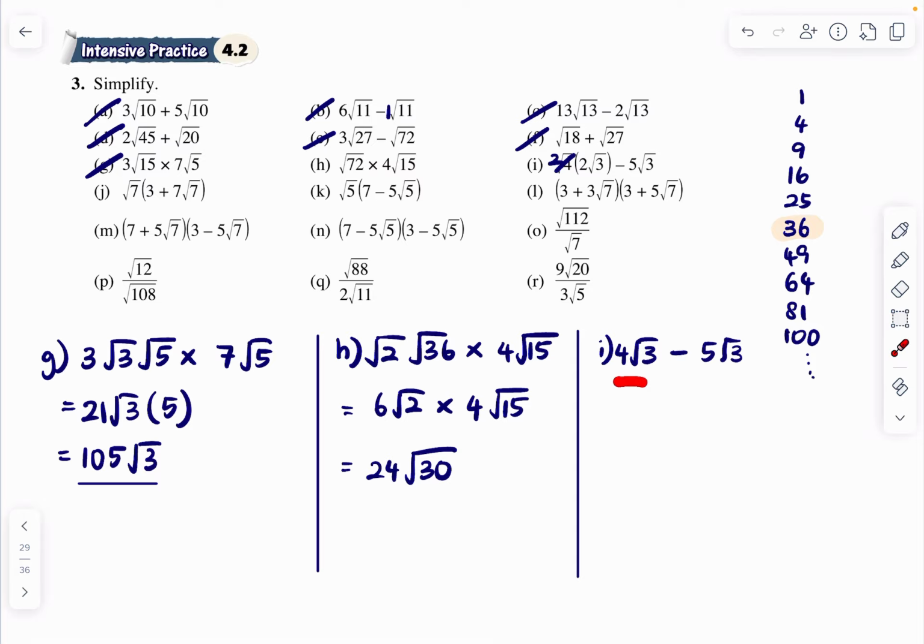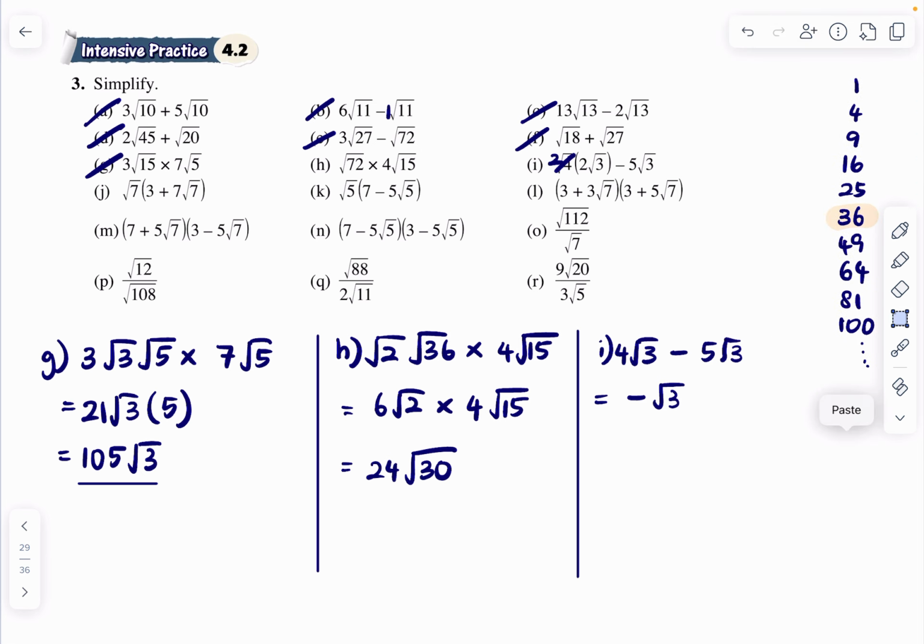So 4 surd 3 minus 5 surd 3. 4 oranges minus 5 oranges, negative 1 orange. Okay, so we just say negative surd 3. Done.